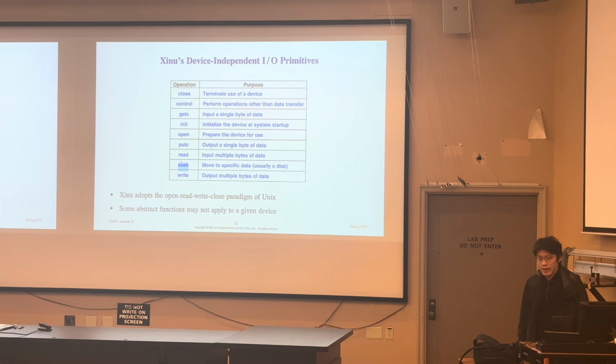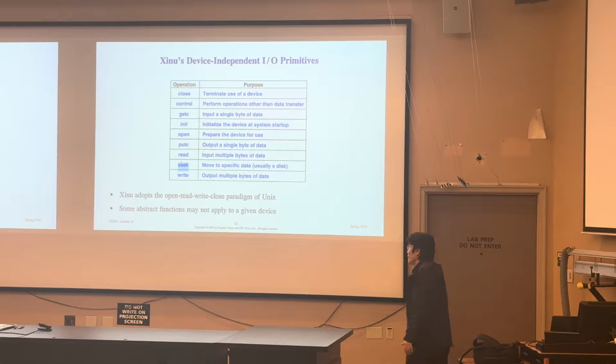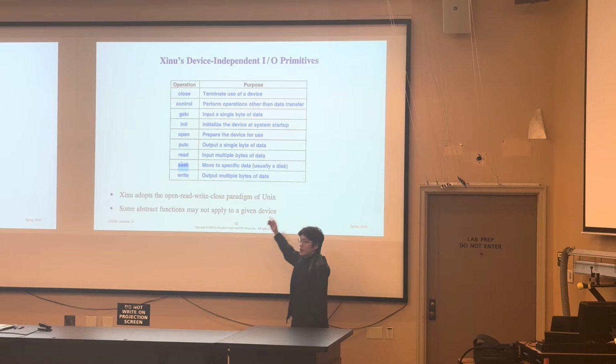Seek is also the same. If you treat the device as a byte stream that is not just consumable, but just exists there, like a big array, usually the disk is abstracted in this way, then you can perform seek, which is to move the current index to some location in this byte stream, or array.